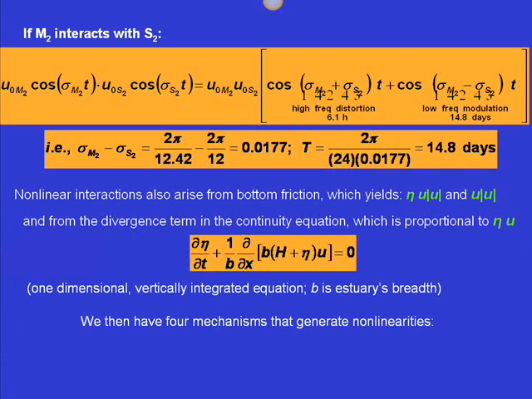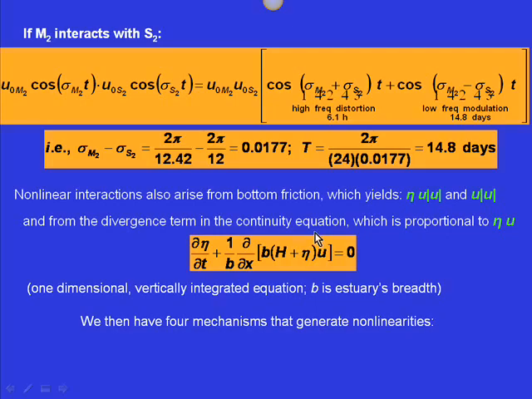This eta u comes from the continuity equation, vertically integrated and also laterally integrated, where B is the width of the estuary. From the product eta times u you get nonlinear interactions. That's when the mass converges, say, in an estuary where the coastline converges. That distorts the tidal wave, through this mechanism.